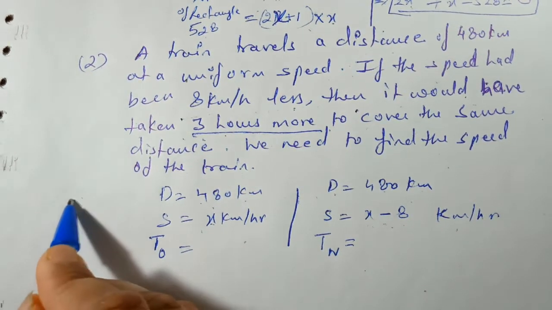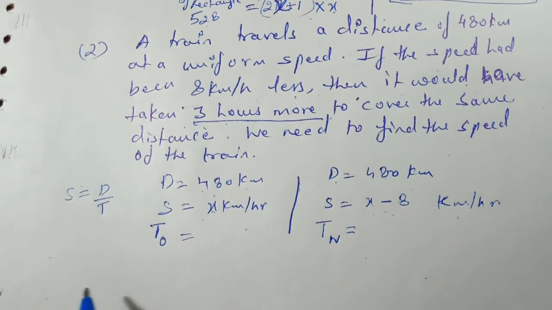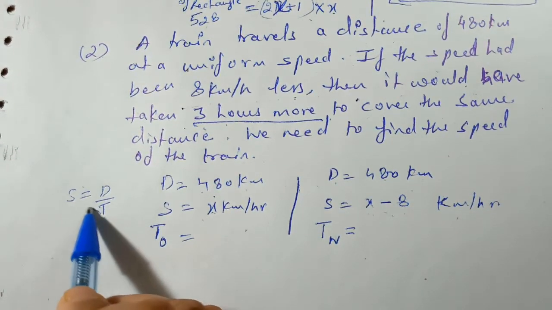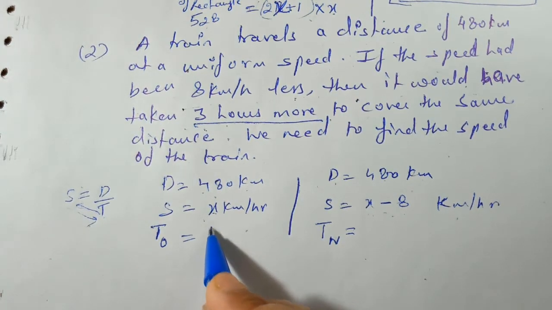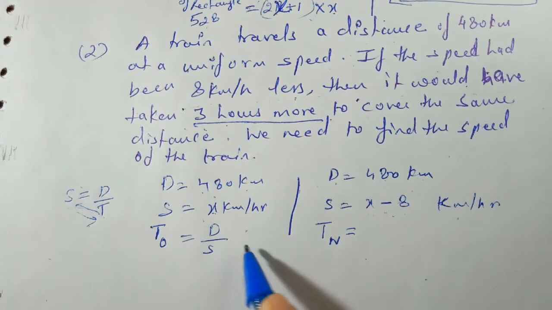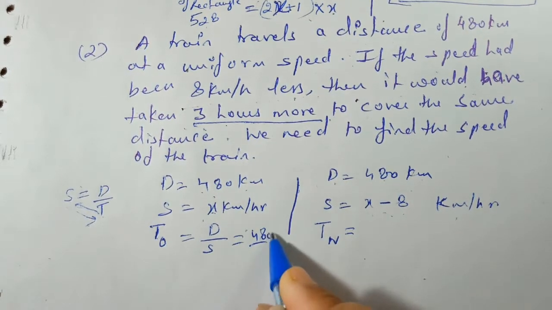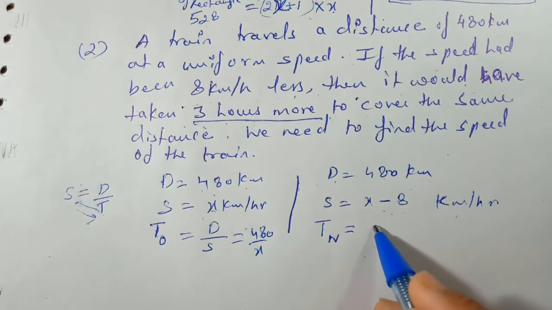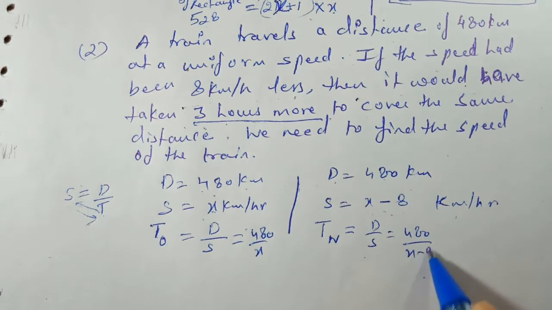Now let us find the relation between speed, distance and time. We have to find the time, so interchanging the places, time will be distance upon speed. So the original time will be 480 upon x, and the new time, with distance upon speed x minus 8, is 480 upon x minus 8.